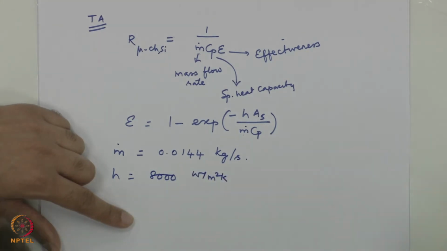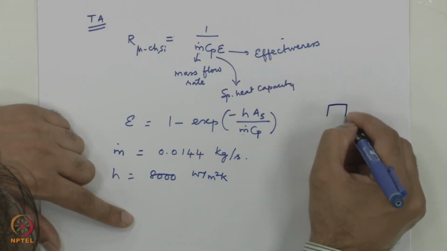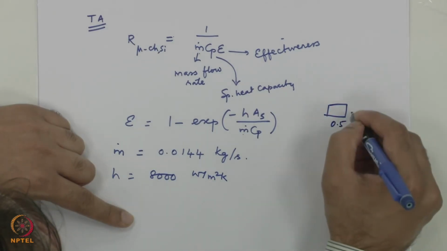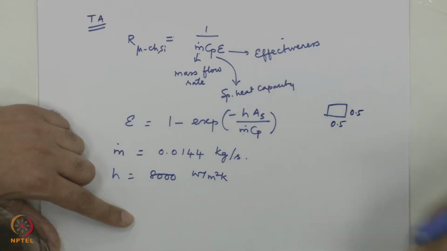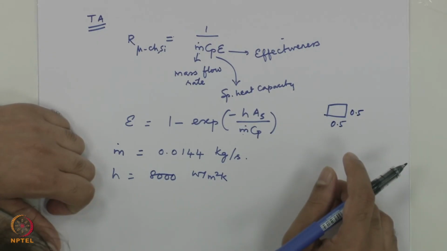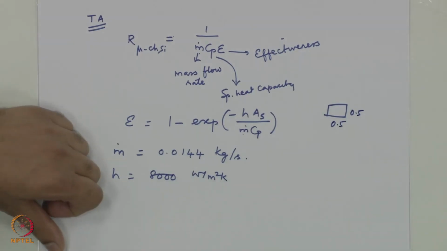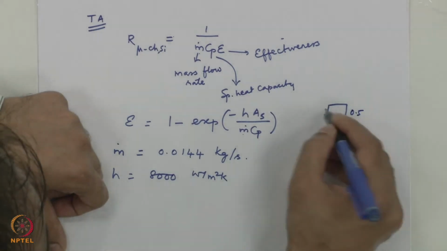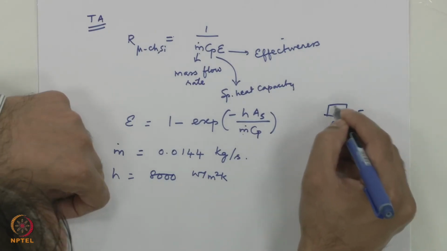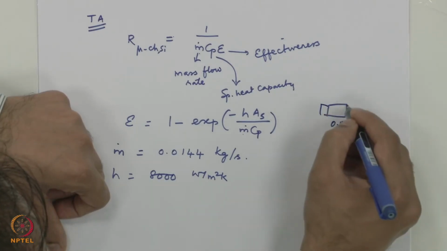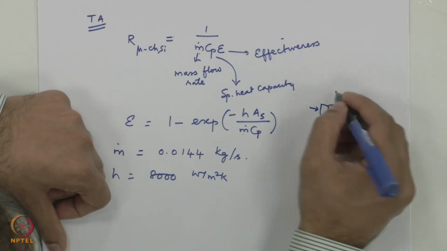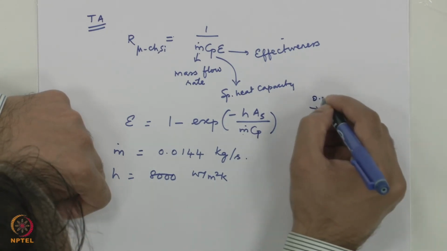And the microchannels have a cross section for a single channel of about 0.5 by 0.5 mm, and the fin thickness is given as 0.5 mm.